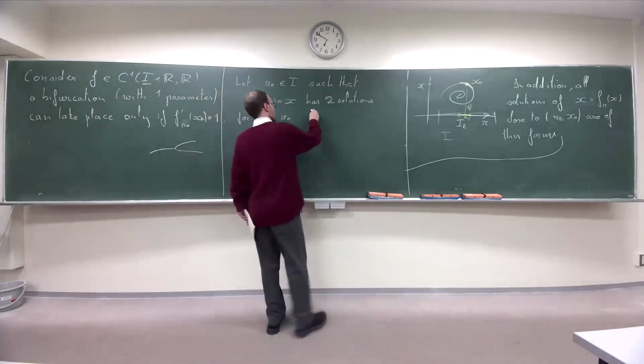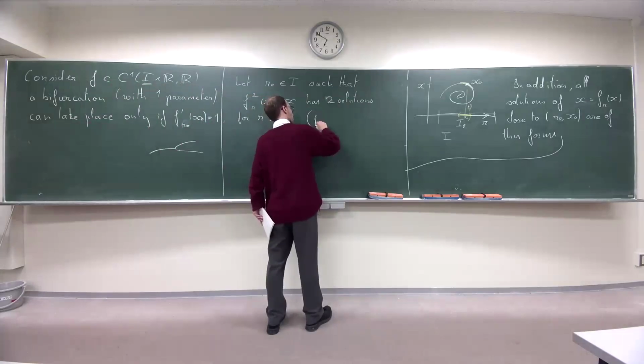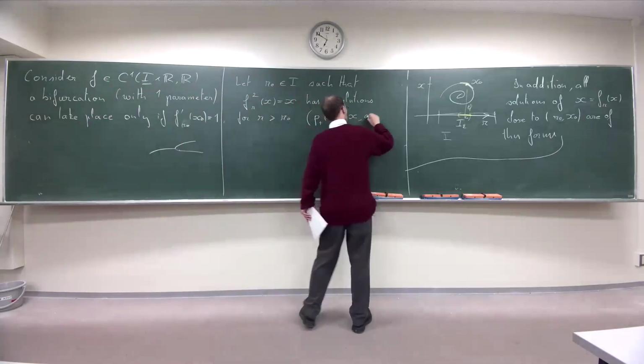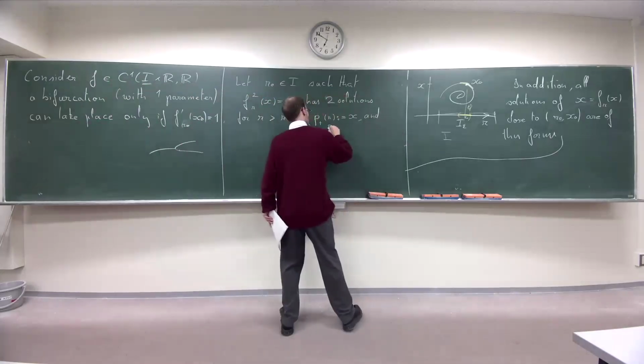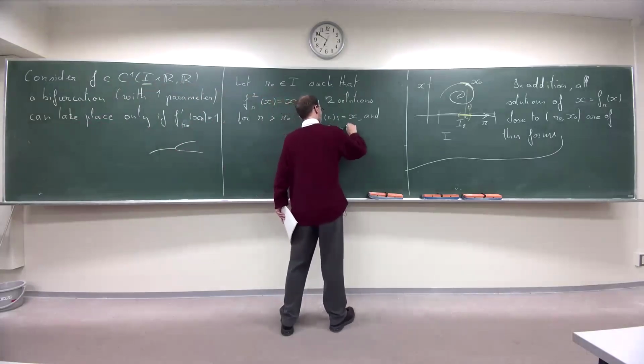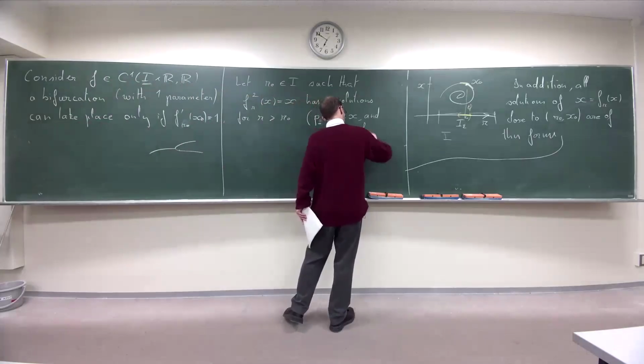And what are these two solutions? I call one P plus of R, and the other P minus of R.